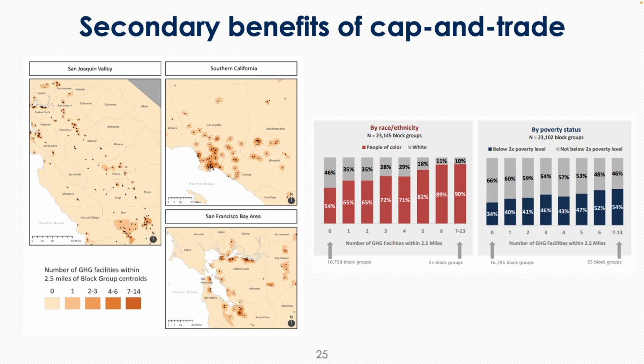As you have more and more facilities within 2.5 miles of particular areas, you can see that the locations that have the most greenhouse gas emission facilities tend to be heavily correlated in block groups that have higher proportions of people of color, and similarly in terms of poverty, as you have more and more facilities, they tend to be correlated more with places that are above 2x the poverty line.